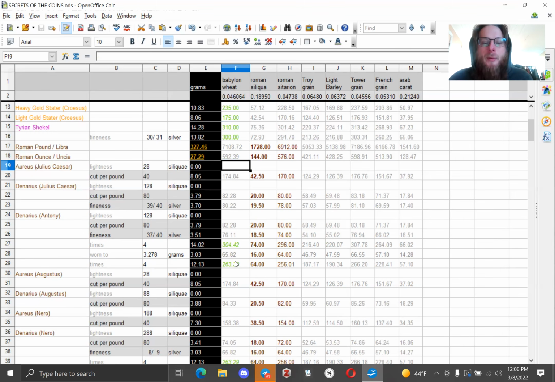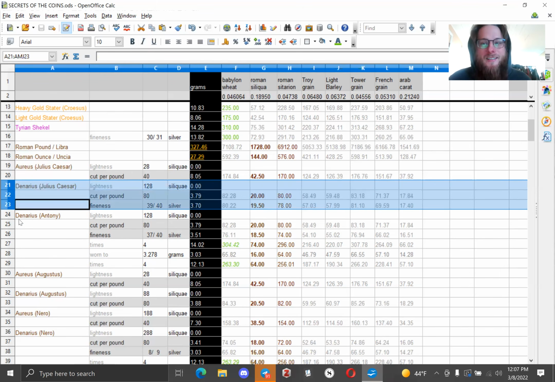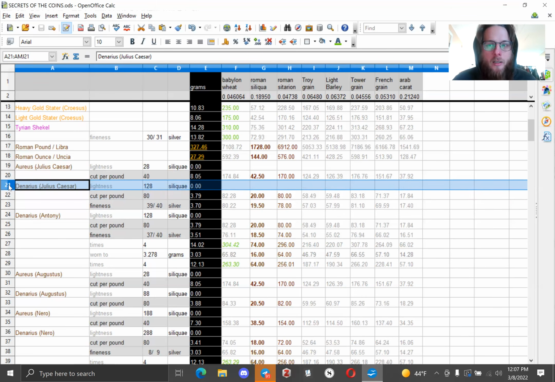So from the perspective of Antony's power base in the east, if his denarius is the equivalent of 1/4 of a shekel, then it's quite a good coin. You actually are getting a premium in silver for using Antony's money. But from the perspective of the West, from the perspective of the denarius, this is actually a bad denarius, because it has less silver in it than the Caesar denarii do.